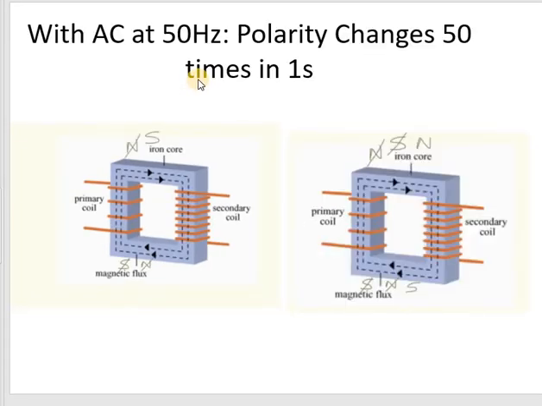If we are working on a 50 Hz, 240 volt power supply, the polarity will change 50 times because there will be 50 cycles of sinusoidal wave coming in, and the change of polarity will then change the magnetic field. A changing magnetic field will induce electron movement and generate current in the other direction in the second coil.